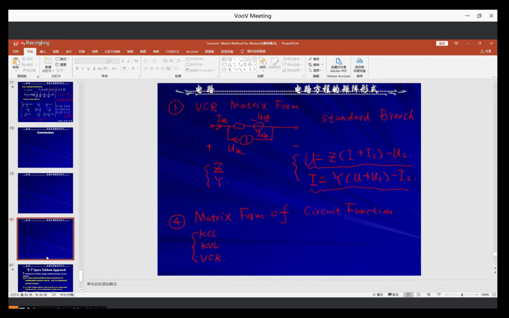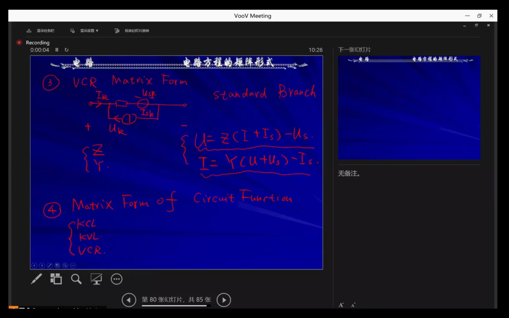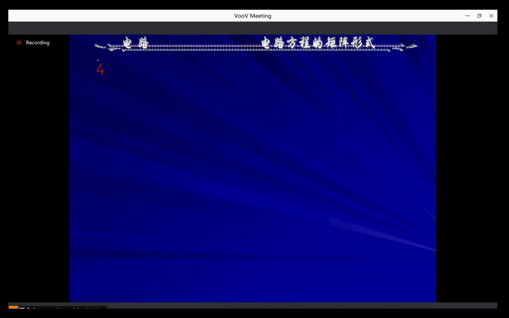We will add one more. For step 4, the KCL, KVL, KVL with a function.